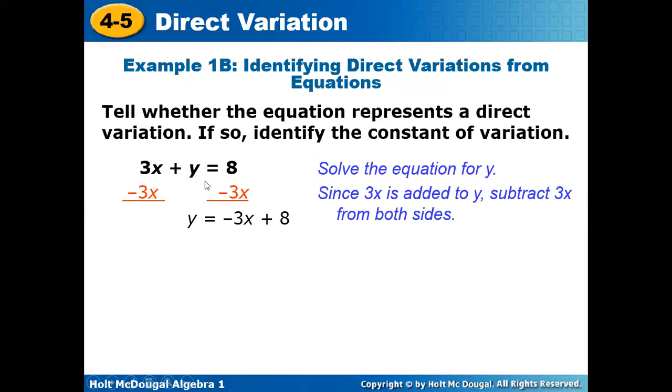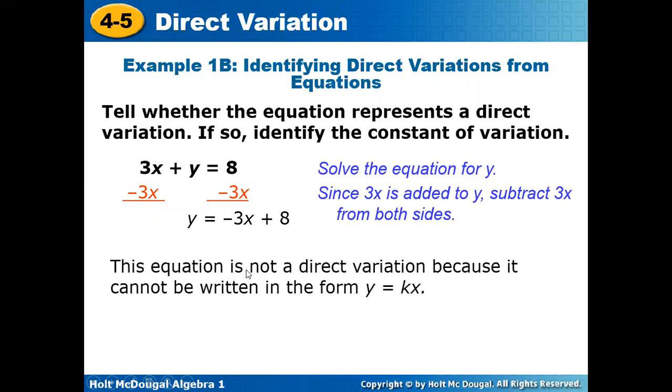So we can write the equation in another form, y alone equals negative 3x plus 8. Is this the form of direct variation? No, the equation is not a direct variation because it cannot be written in the form of y equals kx, a number with x only without a constant value like 8.